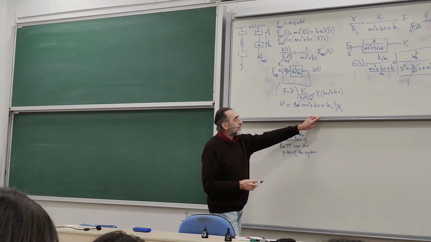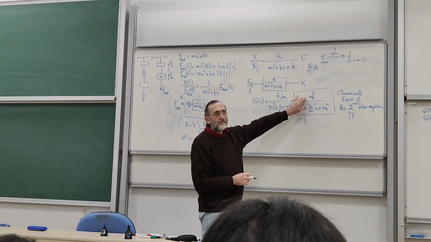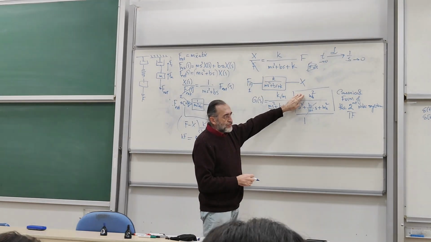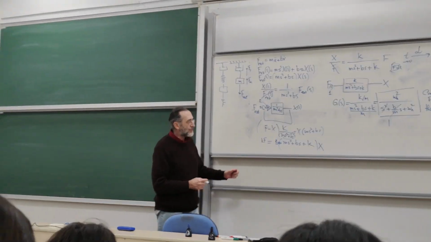And if the numerator also is a polynomial in S, then its roots will be the zeros of the system, as you know from last week.